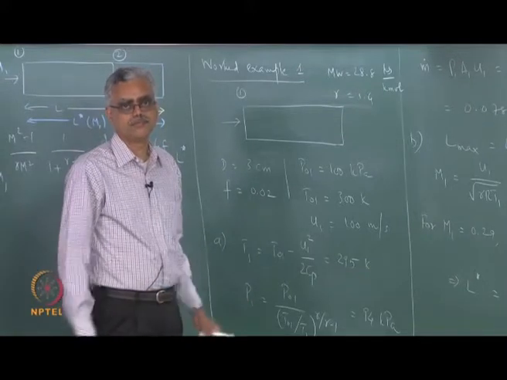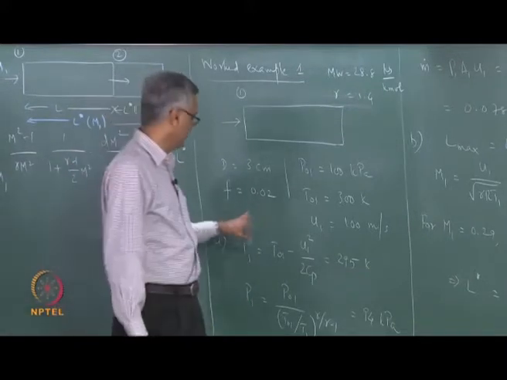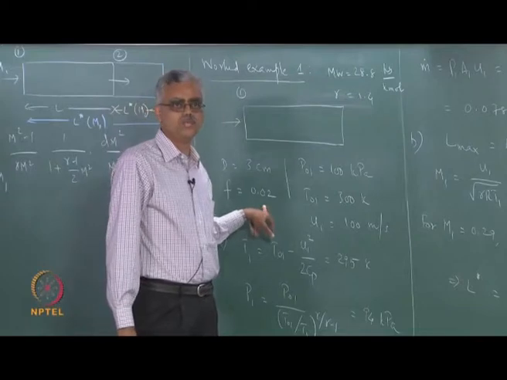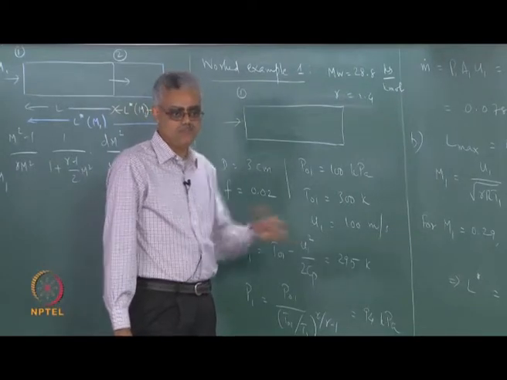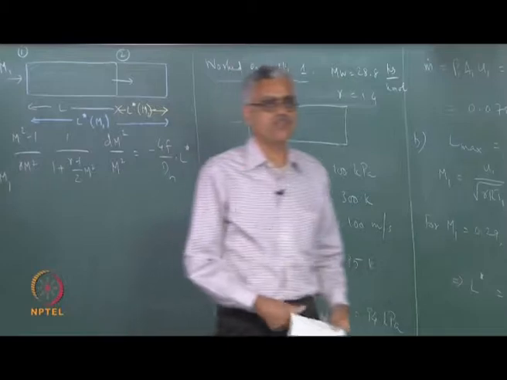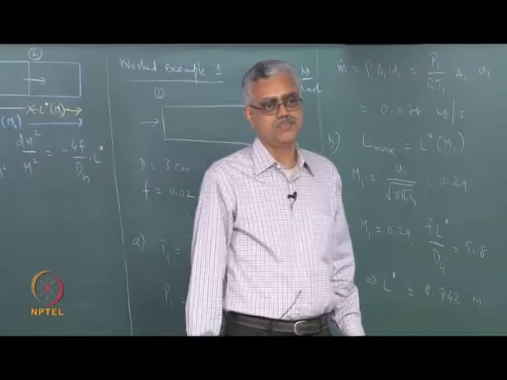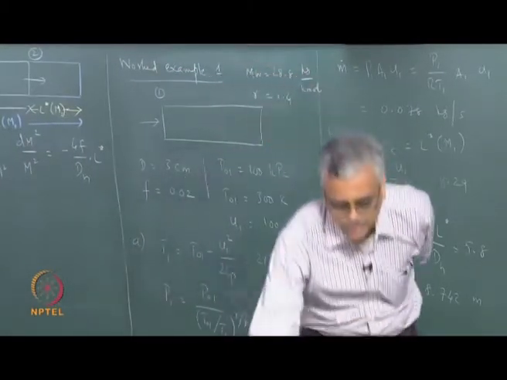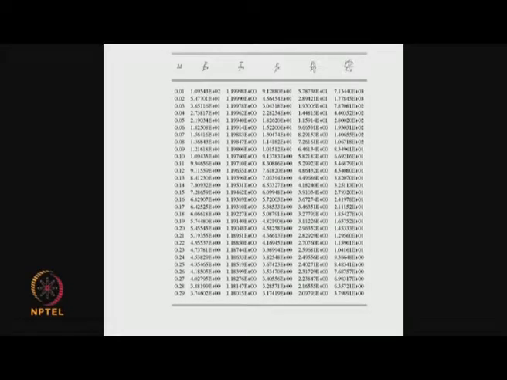Please note that when you are using the Darcy friction factor, you should not use tables that have the last column as 4 FL star over DH. Notice that the last column in the table that we are using is FL star over DH. If you see 4 FL star over DH in the last column, that would usually mean that the F that is being used there is the Manning friction factor and not the Darcy friction factor.